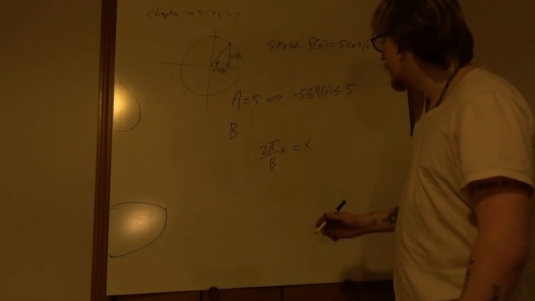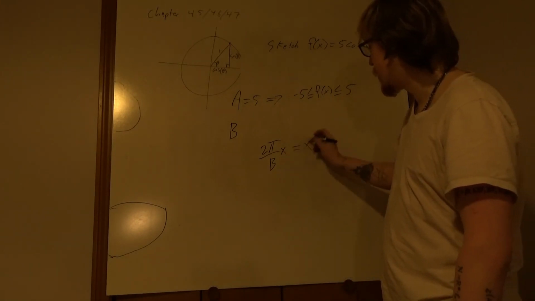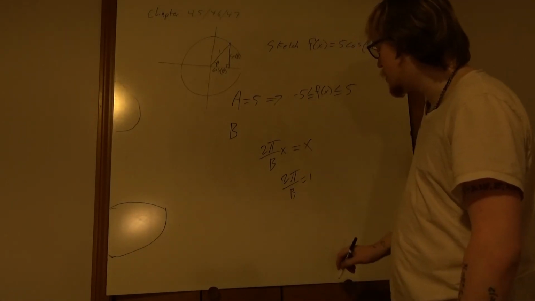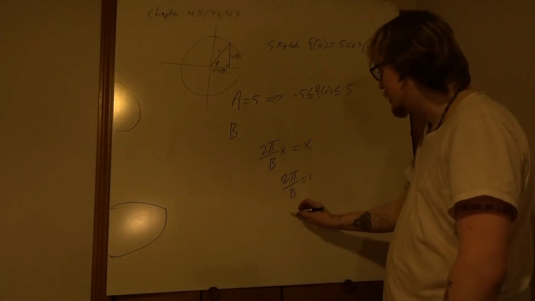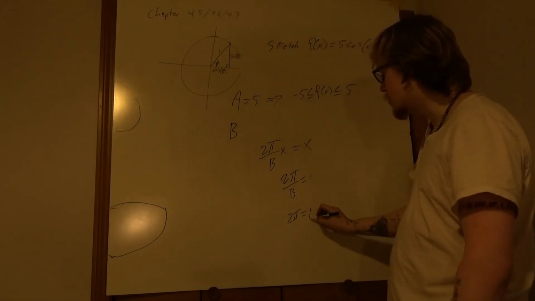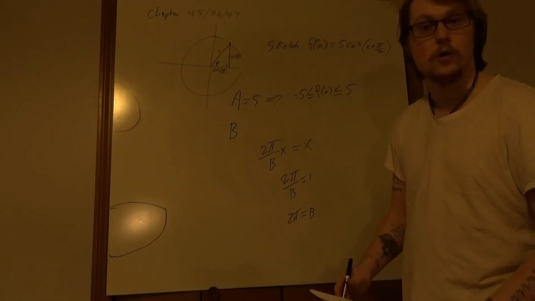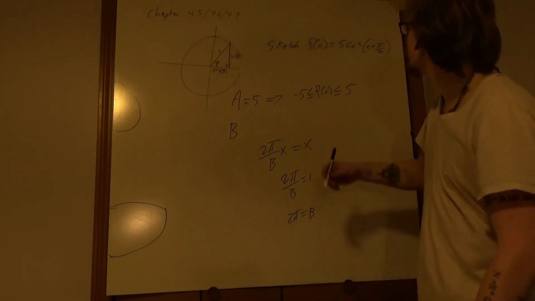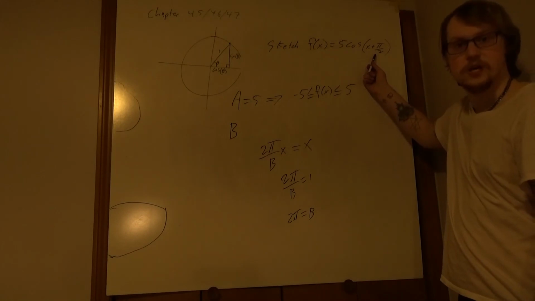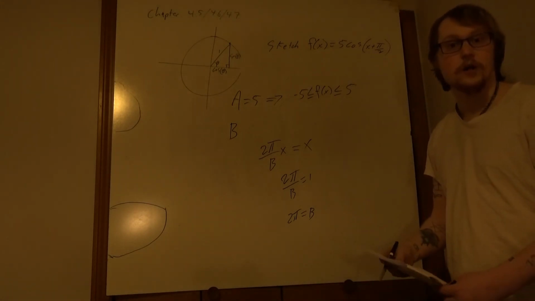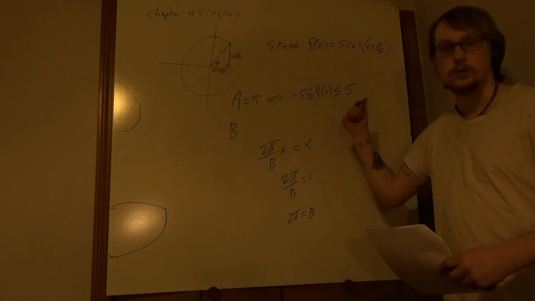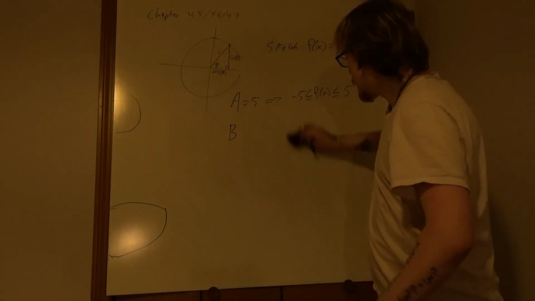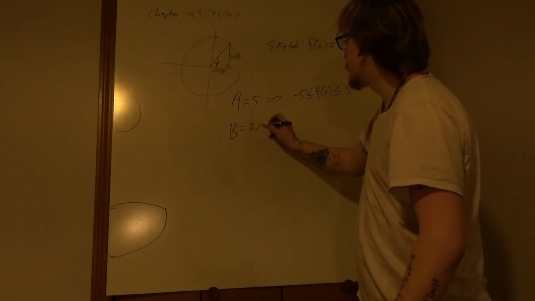There's only really one way to do this: we can divide both sides by x, we get 2 pi over b equals 1, and then we multiply both sides by b to get 2 pi equals b. And so we get that the period is exactly 2 pi, which also makes sense because we know that the cosine of just x has a default period of 2 pi. So this is sort of another way to confirm that. So we get that b must be 2 pi.